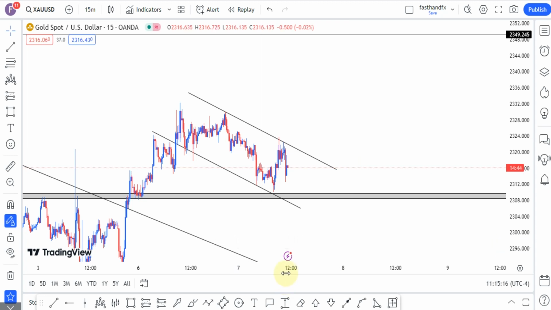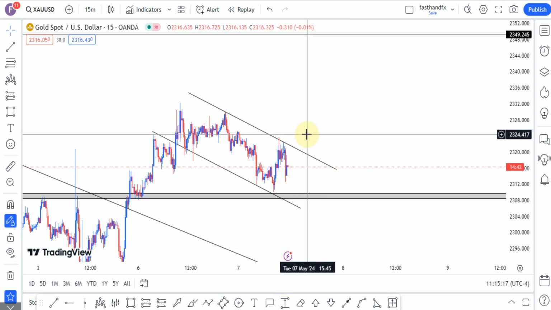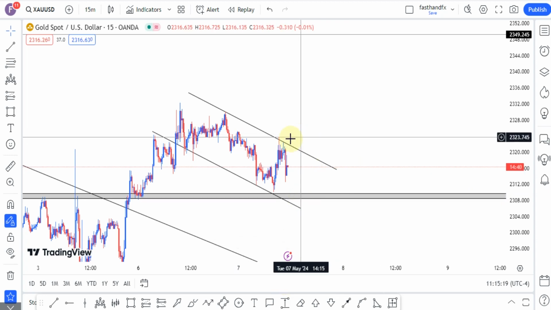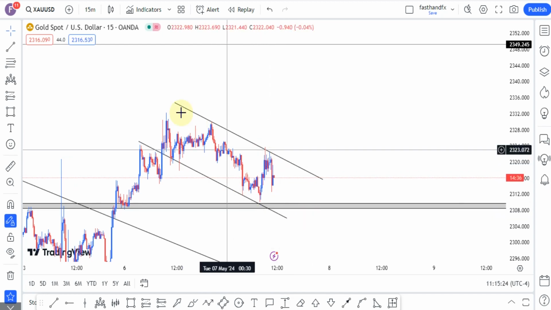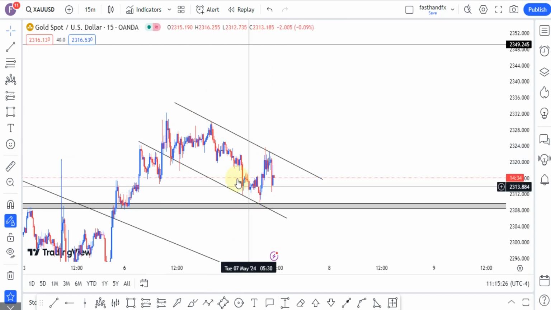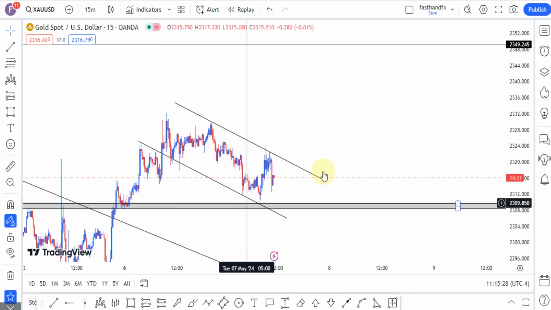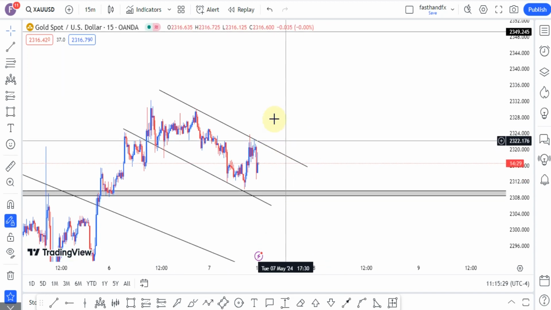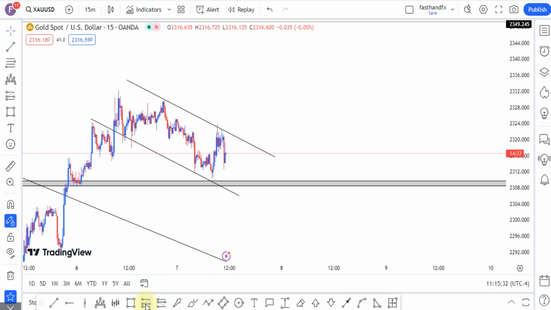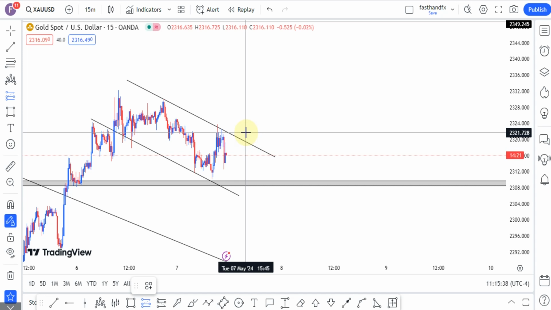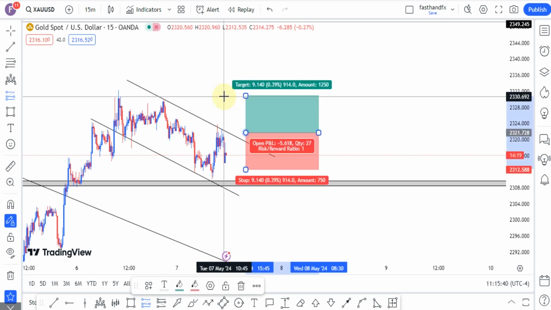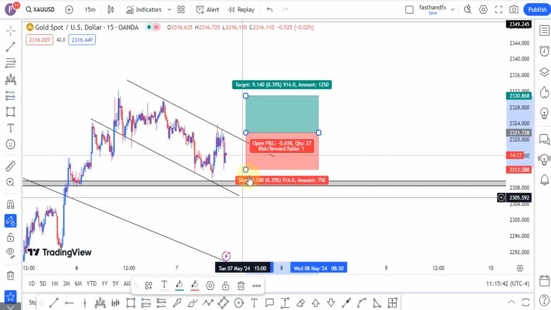In a market like this, we normally wait for this market to break above this correction area or this small trend line. Then after breaking above this small downtrend, we can take our entries. So for instance, we'll wait for it to break above this area, then we take our entry at that point.